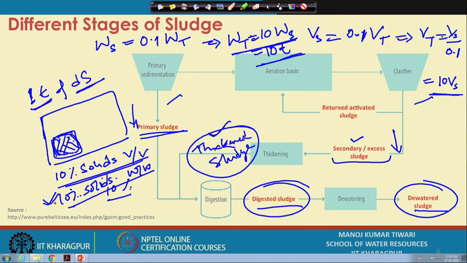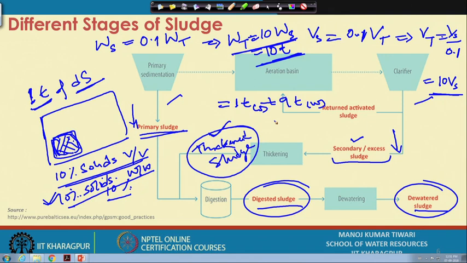Out of these 10 tons, 1 ton is actually the solids. So, the 1 ton is the weight of solids and 9 tons is the weight of water.